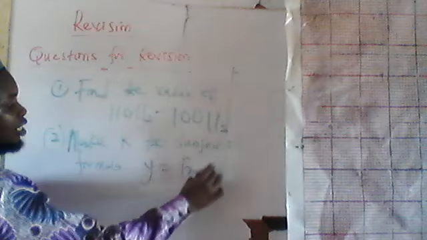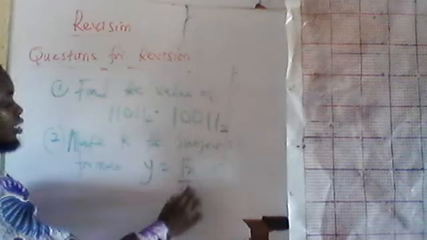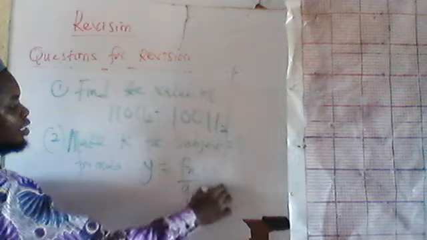So the equation you have there is y equals px minus r over qr plus k. So from here you have to make k the subject of formula.